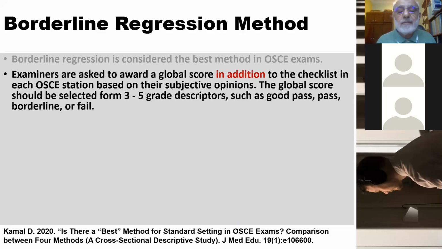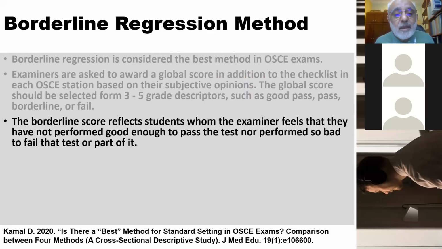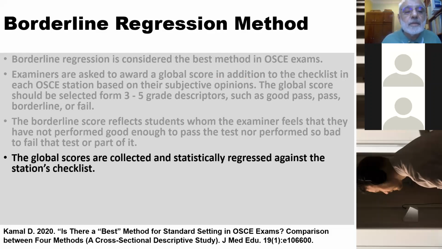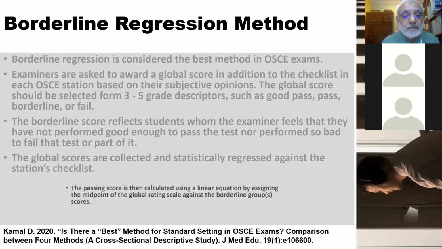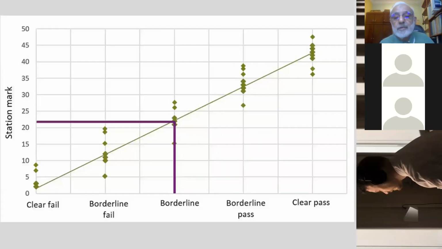So we have to have a global rating as well as the checklist. And when we have these two, we can use this information to draw what is called the borderline regression, using statistical methods. Here is an example.